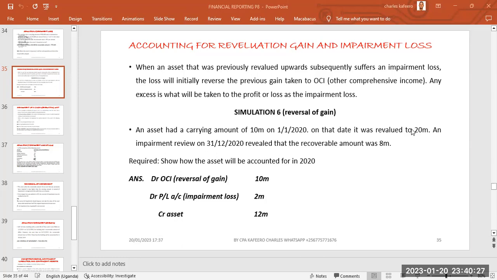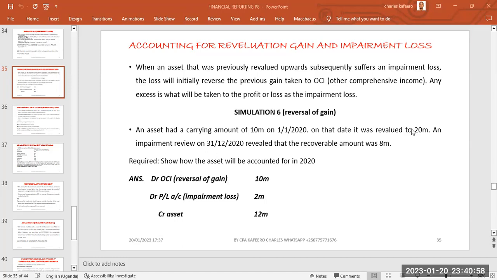But what you have to note from here is that if we had a revaluation loss last year, and today we are having an impairment loss again, then we are not going to be reversing anything, because all those items, the revaluation loss and the impairment loss, are going to the income statement as expenses, or they are deducted from our gross profit.